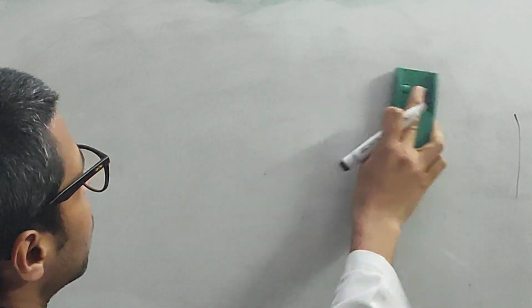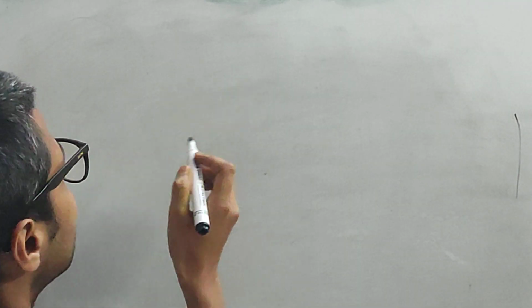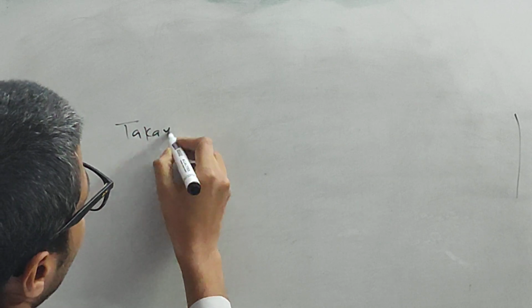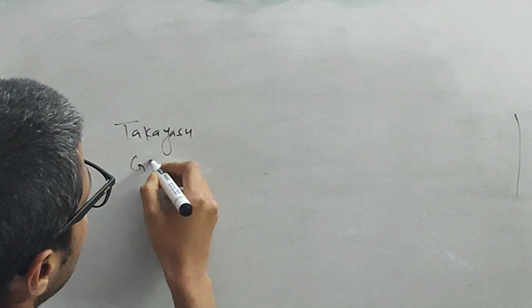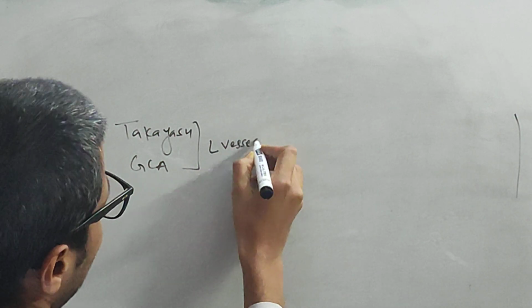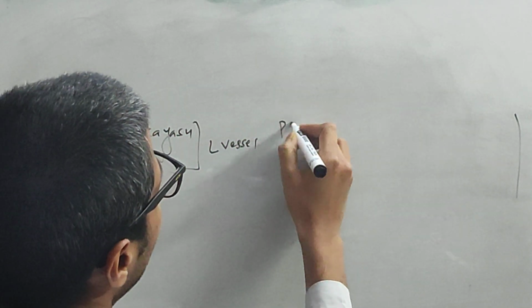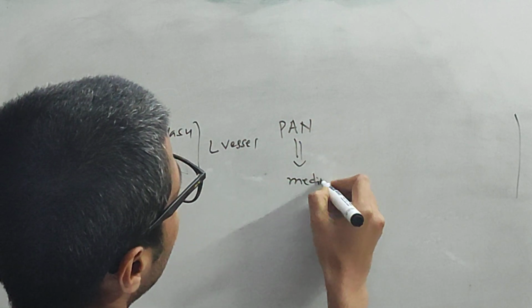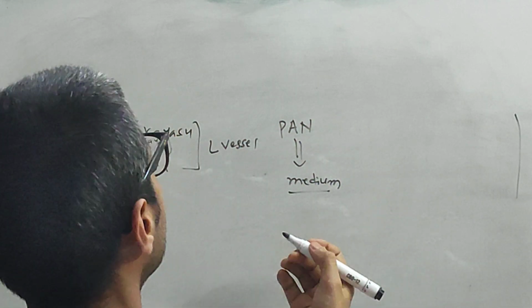Okay. So depending upon that, this vasculitis is classified as Takayasu arteritis, giant cell arteritis. These are classified as large vessel vasculitis, large vessels. Similarly, polyarteritis nodosa is classified as medium-sized vasculitis. Medium-sized blood vessels are involved.